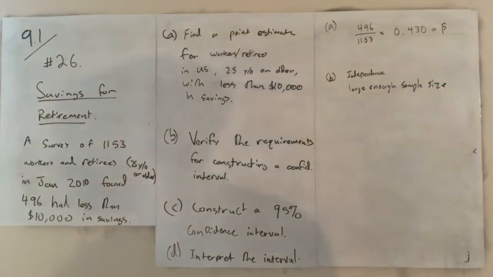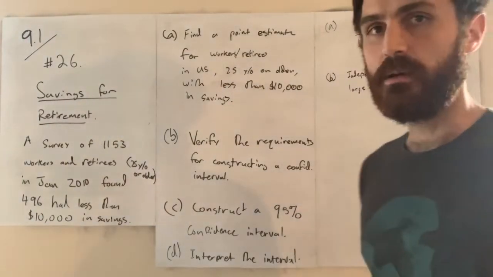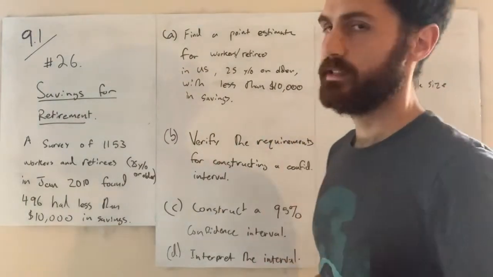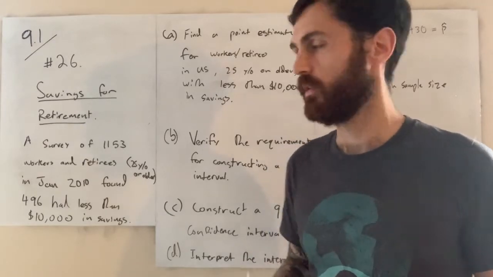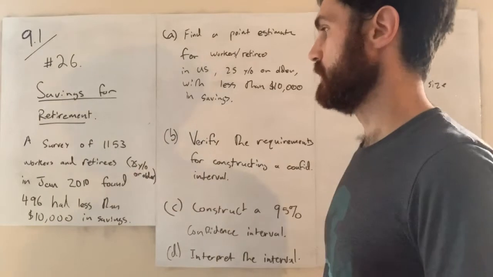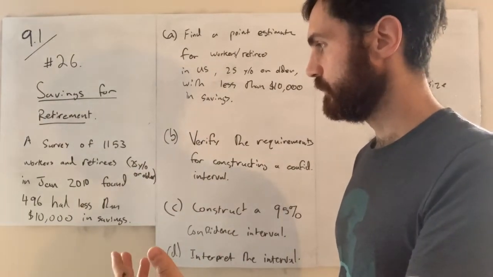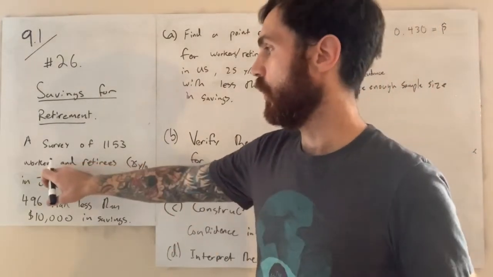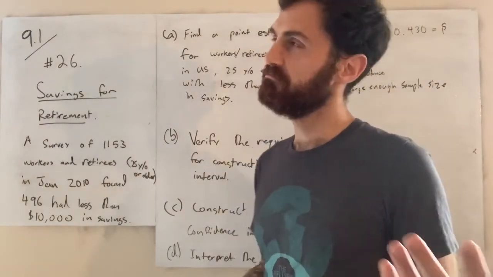So how do we verify the independence? We have to check that our sample size is less than 5% of our total population. What's our total population? Our total population is people who are older than 25 years old, who are workers and retirees in the US.